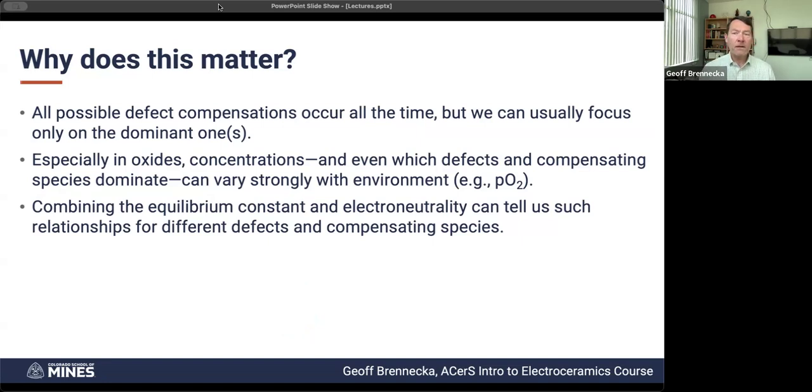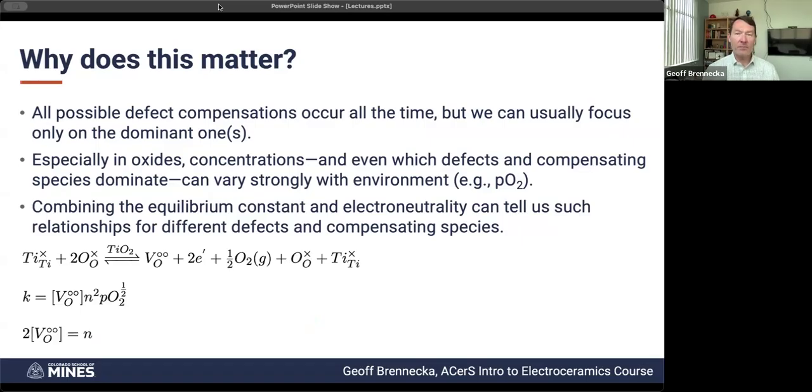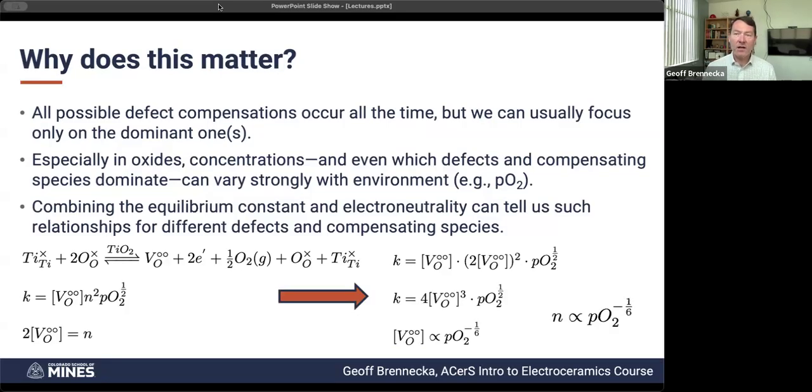All right. The whole reason we do this is so that we can use relatively easy, crude, macroscopic measurements, like electrical conductivity and changing PO2, to tell us what sorts of defect compensation is happening in the material. Just one example, going back to the titania, where now we're electronically compensating for oxygen vacancies.